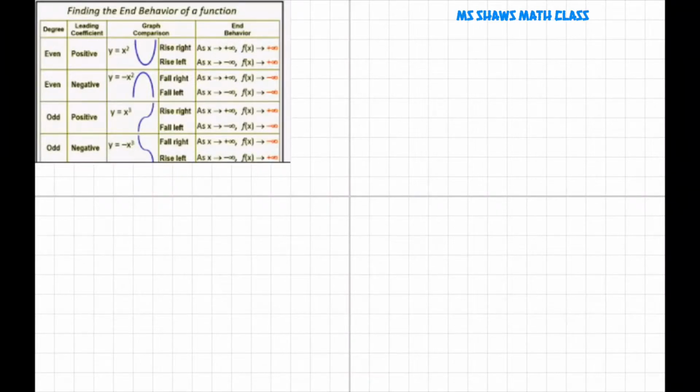Since we have an even degree, which was 4, and a negative lead coefficient, our graph is going to look like that. In our case, since it's 4, it's kind of more narrow. It goes down here like this, something like that. We don't really care about that part as much as this end behavior right here.